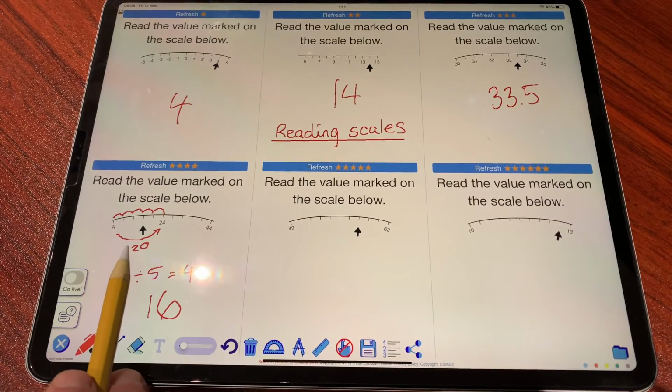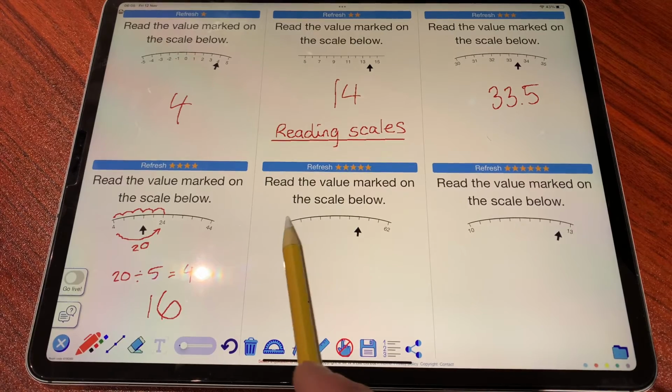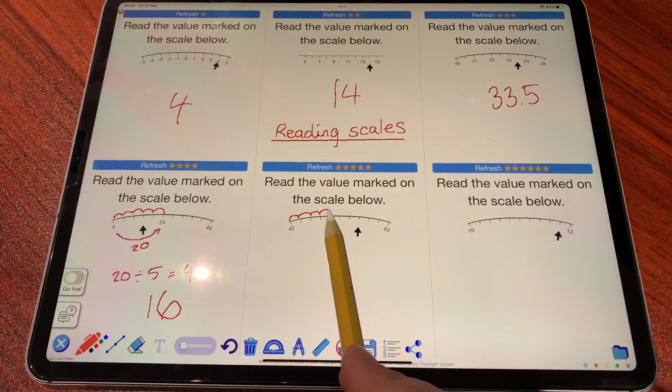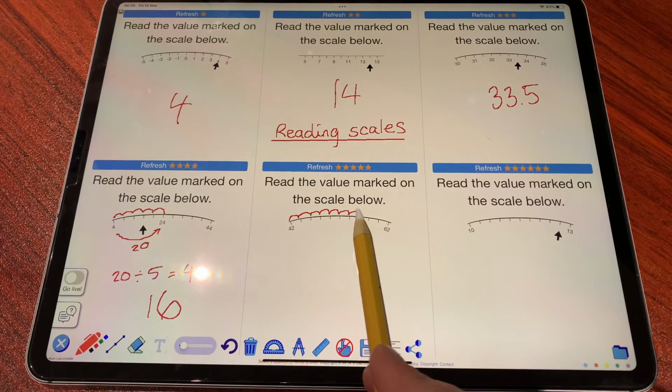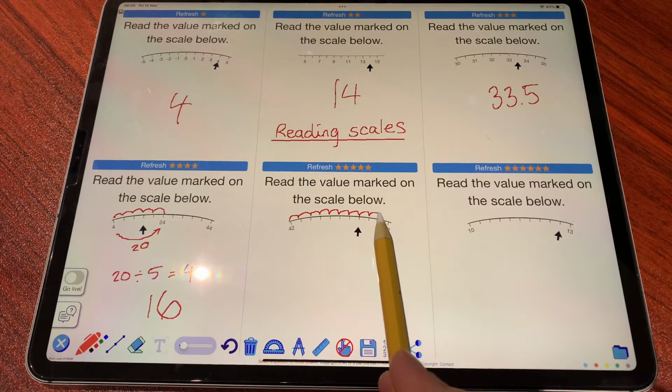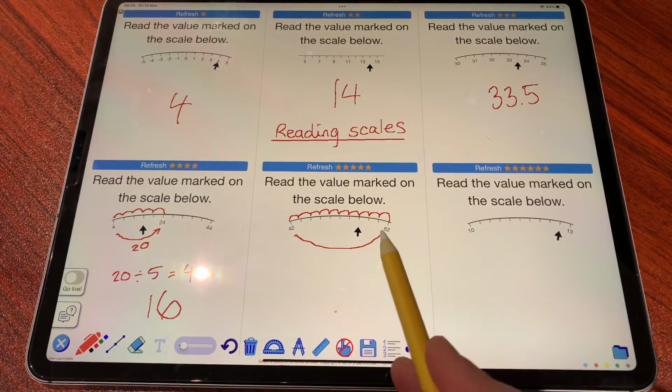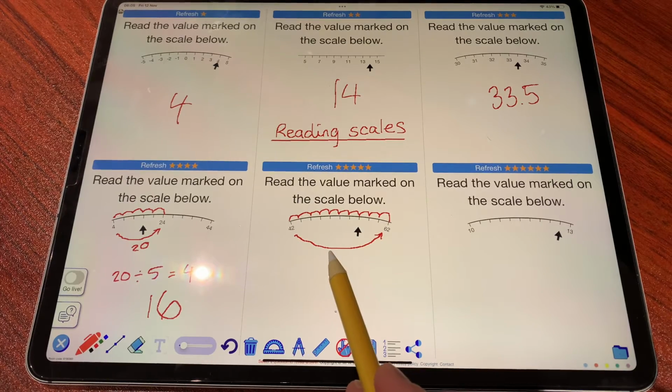Now following this same process with the next question, here I've got a gap of 1, 2, 3, 4, 5, 6, 7, 8, 9, 10. And I can see the whole jump in between these 2 numbers is 20.